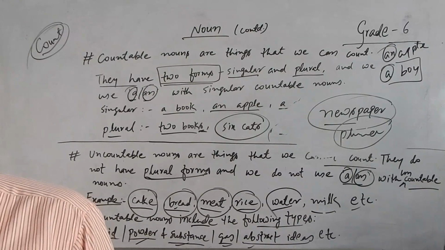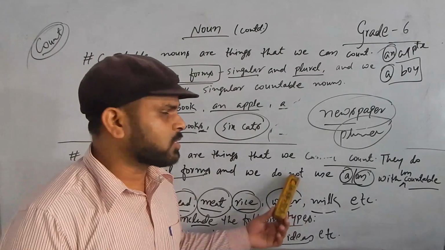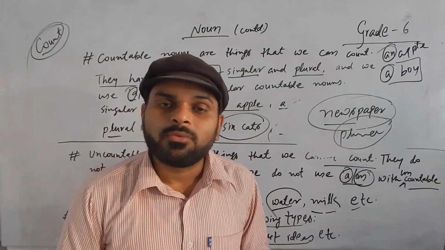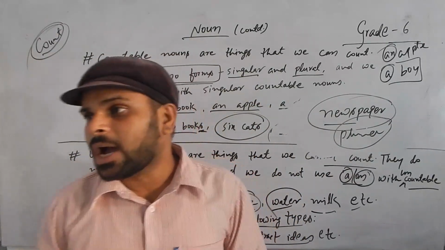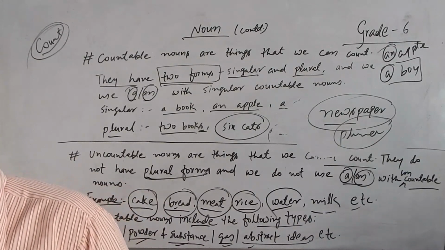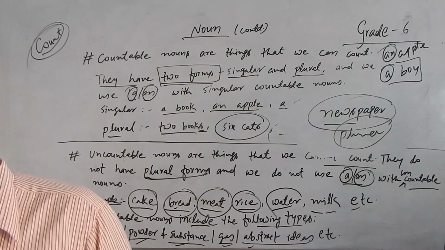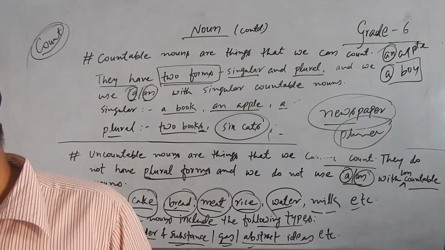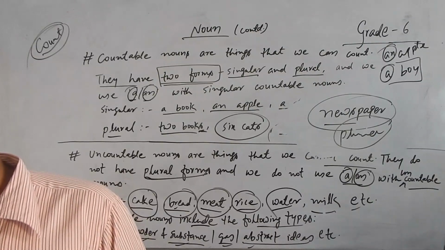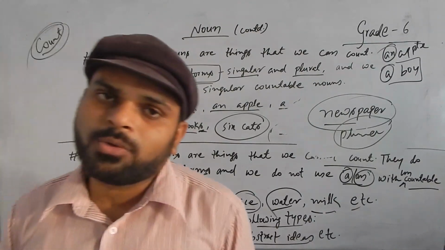Circle the uncountable nouns. That's very easy for you on the basis of these definitions. Just circle them. The next one is to practice singular countable nouns, plural countable nouns, and uncountable nouns.